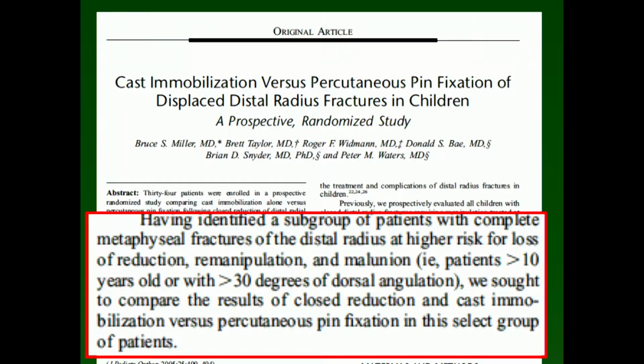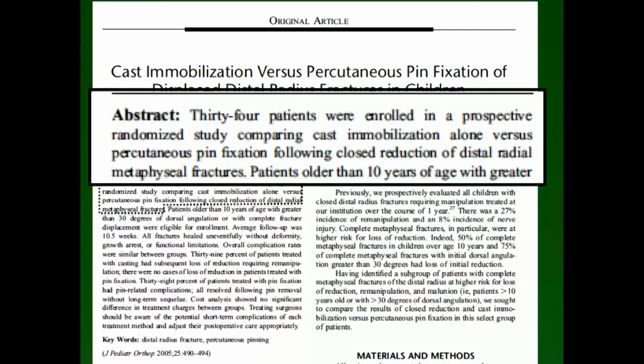Well, I think a lot of it depends on how good you are at putting the cast on. If you put a good cast on, we have very little problems with it. But if you don't put a good cast on and you just put a circular cast, there's probably a higher incidence. Now, what they found was they had 34 patients in the study, and they were randomized. Some did cast, some did percutaneous pinning.